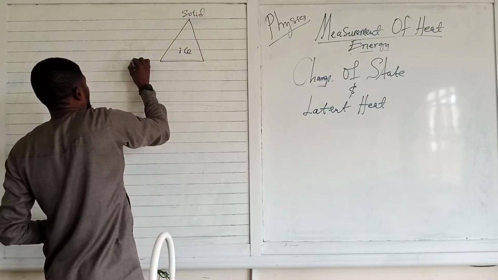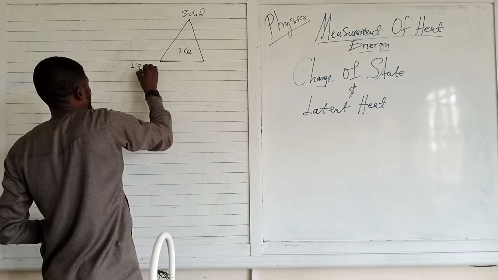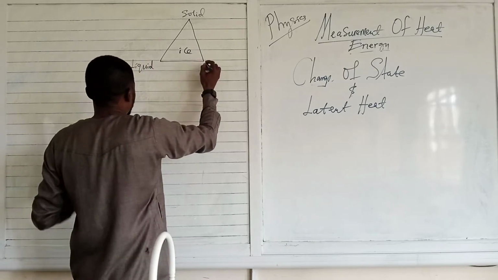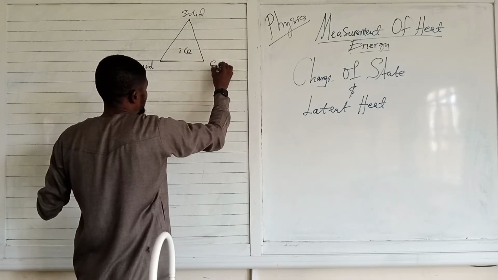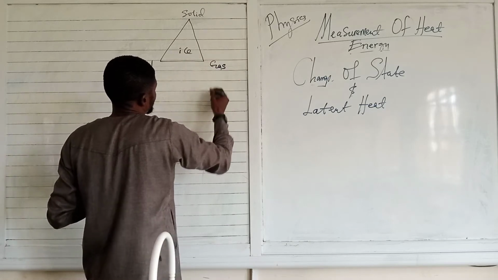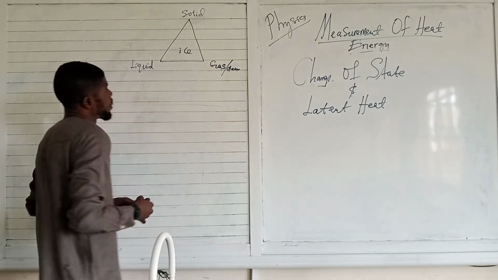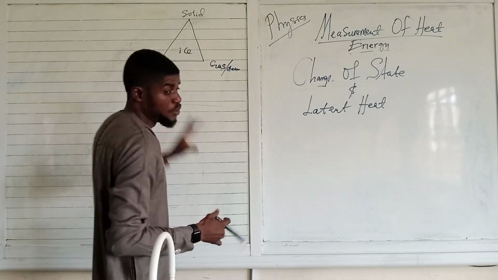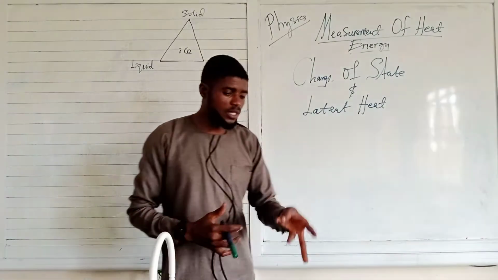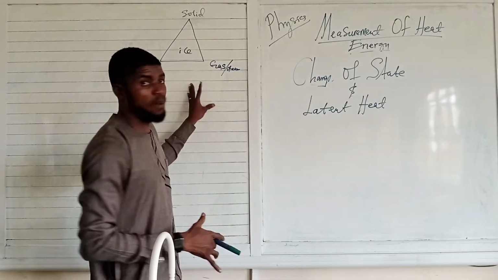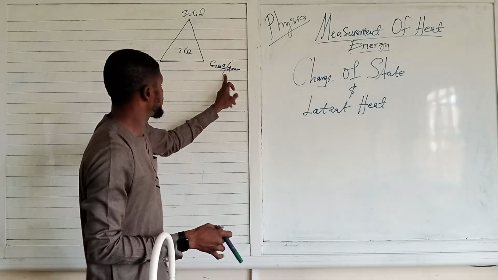Solid. Let's call this liquid. Let's call this gas, or let's say steam. I believe you know that we have 4 states of matter. We have solid, liquid, gas, and plasma. We are not looking at plasma in this video, so let's stop at this level.